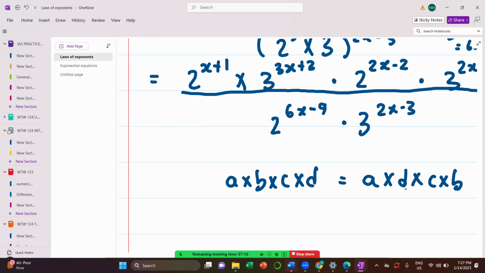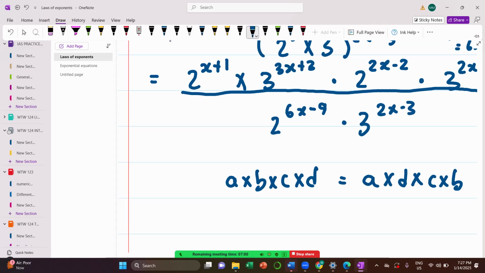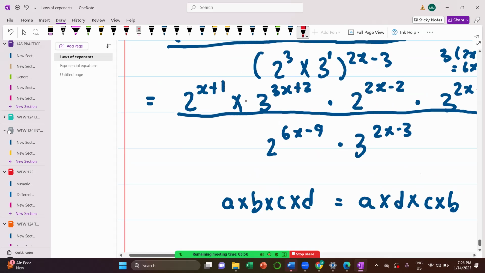I can multiply the first two terms or this one and that one, the order in which I multiply does not matter as long as I'm multiplying. Are we on the same page, guys? It's a law from mathematics. I do not make the laws, and the laws are not meant to be broken. These are mathematical laws. We do not break them.